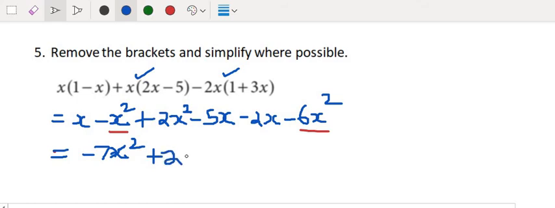Next we will subtract it. And you can see the x terms here, which are like terms, here and here. So we can write it as plus x. We can add these two terms as minus 7x.